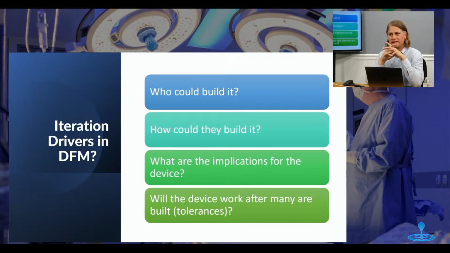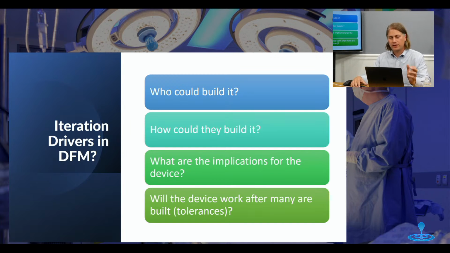But then the design for manufacturability questions started to come in hot and heavy. And it turned out that this vendor, even though they could do some early things, couldn't do many of the later things. Or many of the questions that were raised during design for manufacturability led back upstream. They shoved things all the way back upstream.